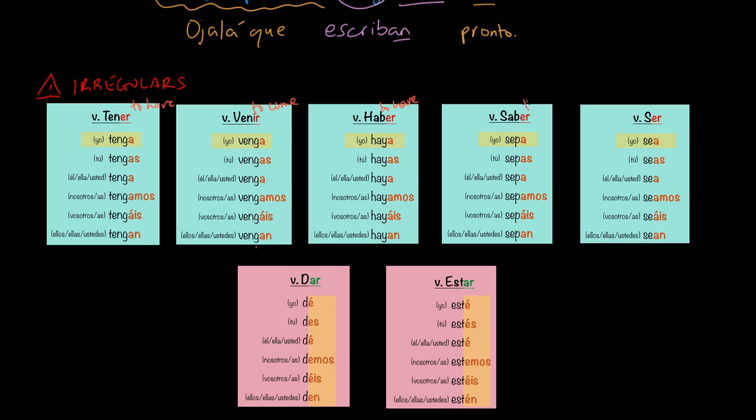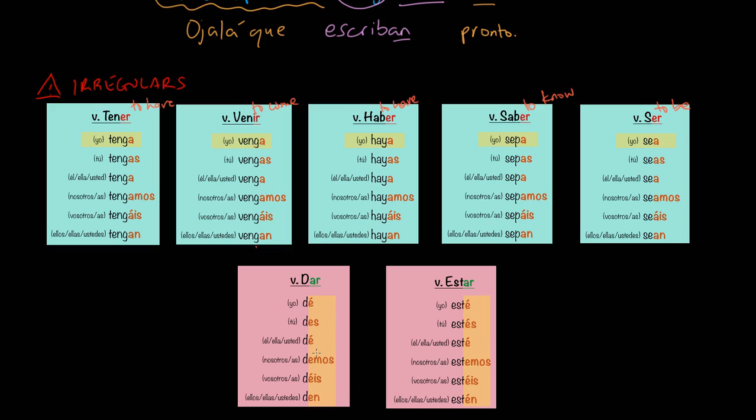Same happens with saber, which means to know: sepa, and the others follow the same stem. And then ser, as we know, is to be, and that ser does sea, and the others follow sea, a perfectly regular pattern.